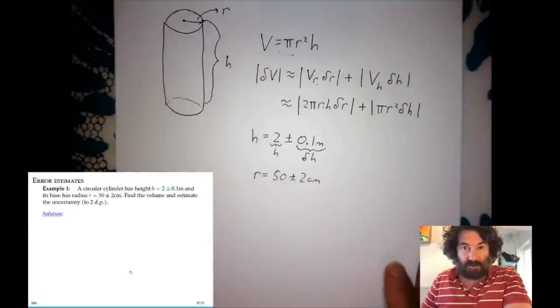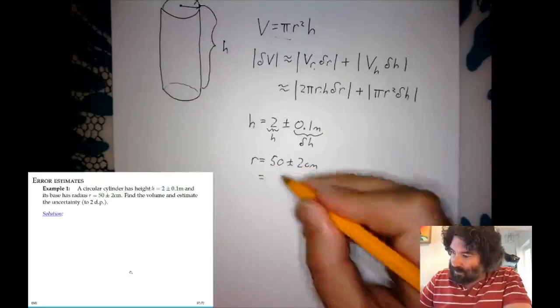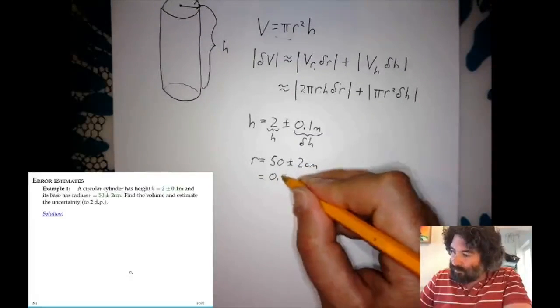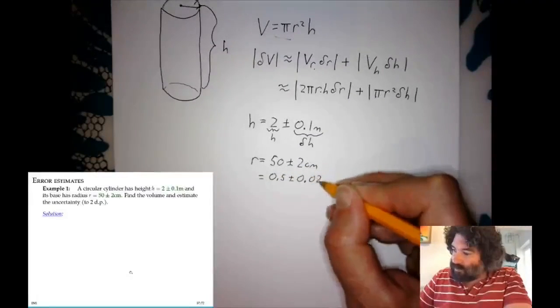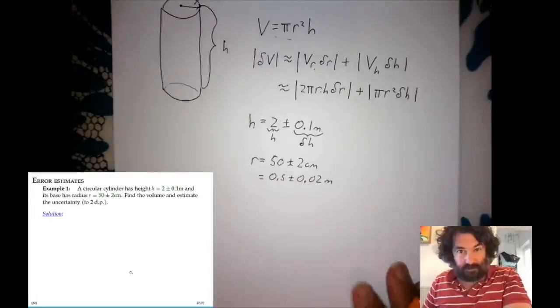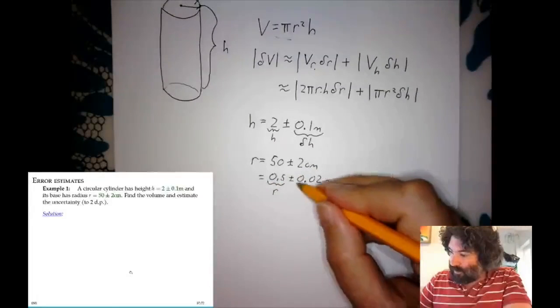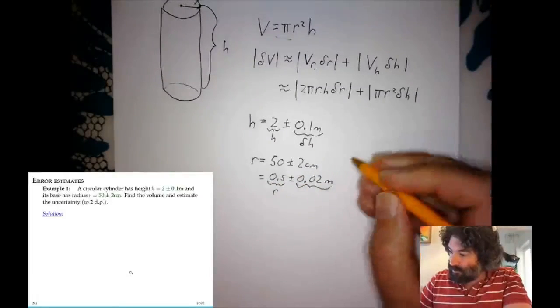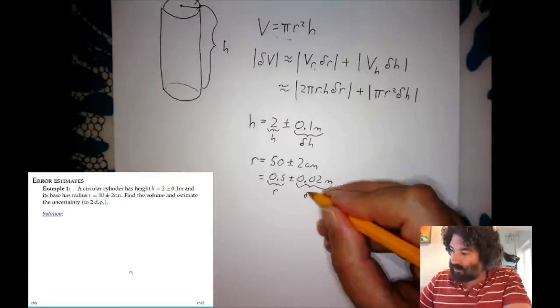And so we have to change the units in order to make them agree. So change it to meters. And so 0.5 plus or minus 0.02 meters. And this 0.5 meters will be r, and 0.02 meters is going to be the error in r, delta r.